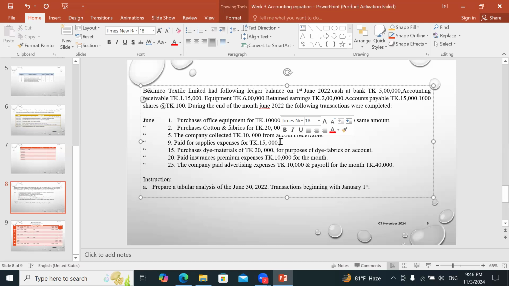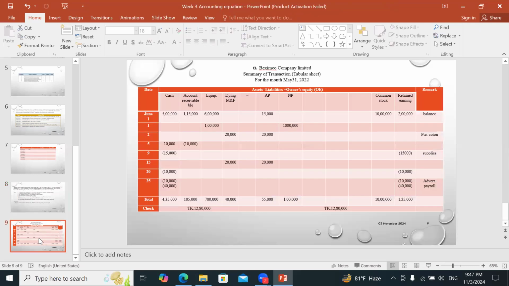There are three items related to retained earnings. First, revenue or income: retained earnings increase. Expense: retained earnings decrease. And drawing: retained earnings decrease. So retained earnings decrease and cash decreases. Both sides are minus. This is 9: cash minus and retained earnings minus.